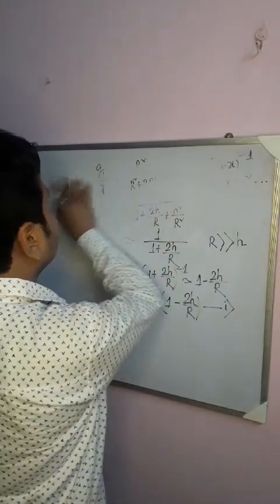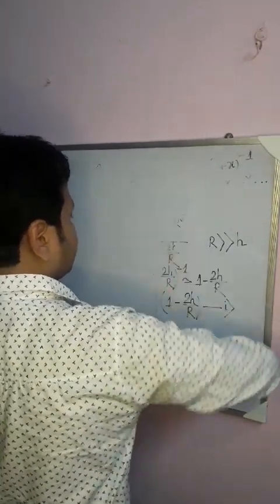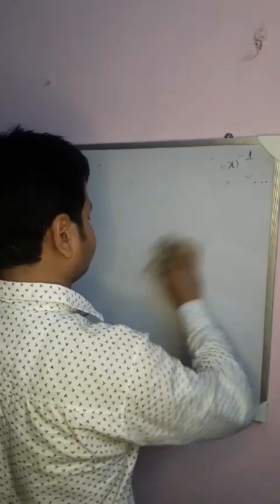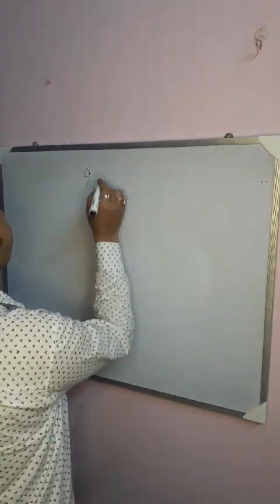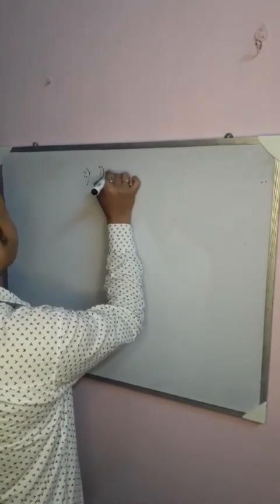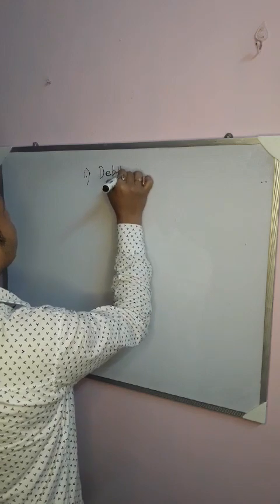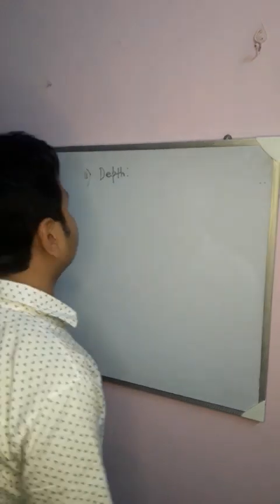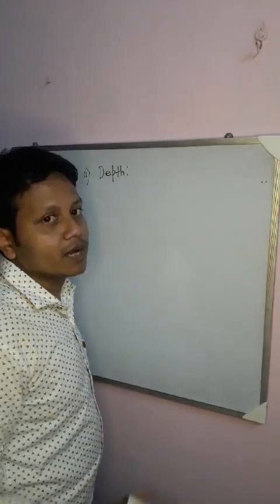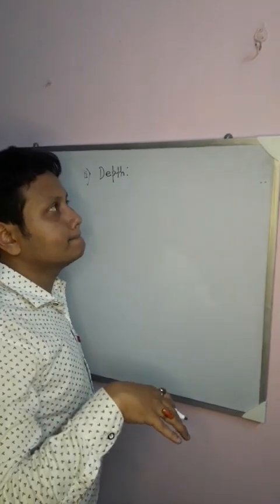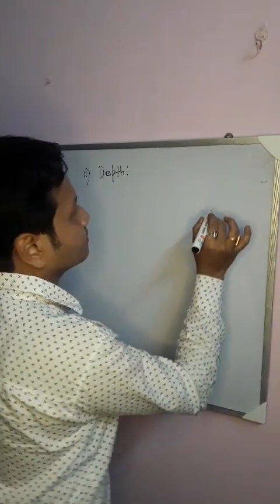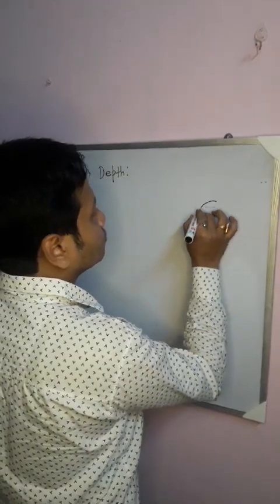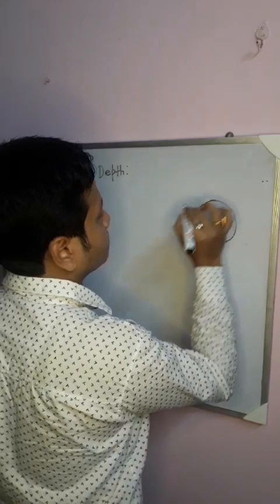Now let us move to another issue. The next thing that can affect g is the depth. That means here we have to consider the object at a particular depth from Earth's surface. Just see, this is Earth, say.